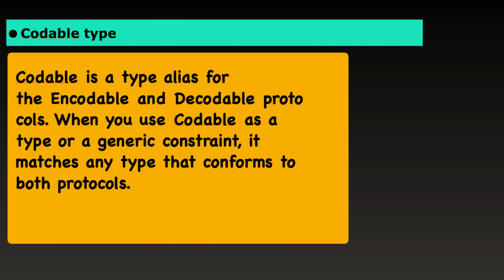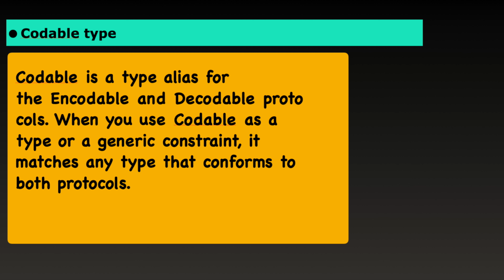When we use Codable as a type or a generic constraint, it matches any type that conforms to both protocols. This means that whenever we convert a custom object to a data type, we use the Codable and Encodable protocols.